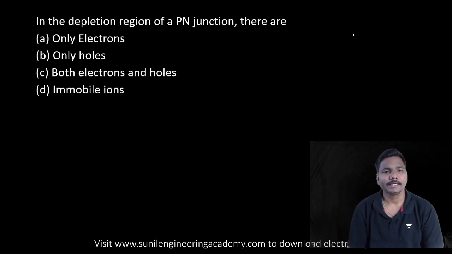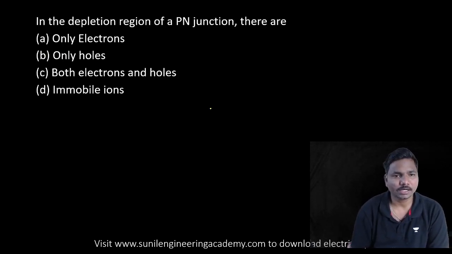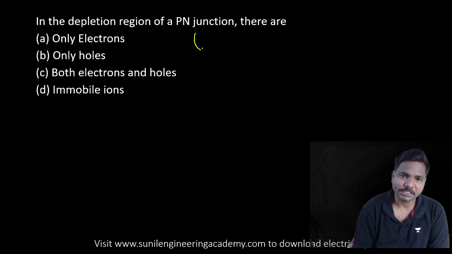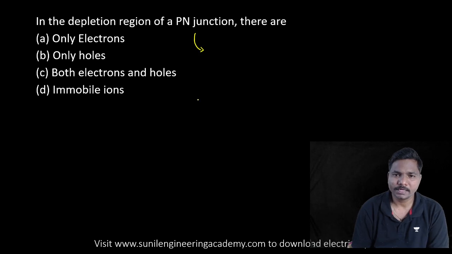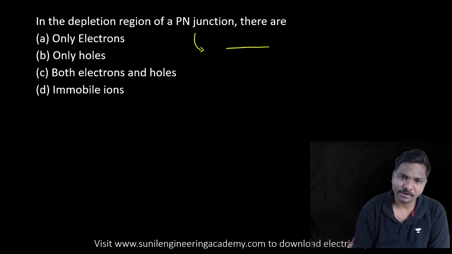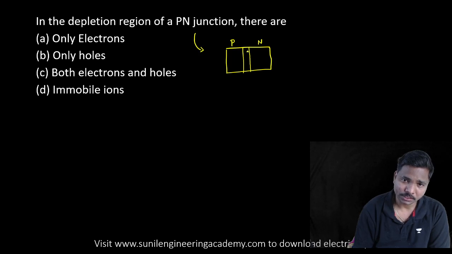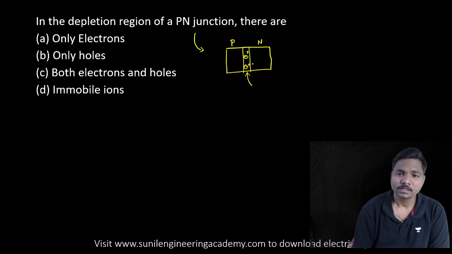Okay. The depletion region of a PN junction. What is this depletion region? Whenever the junction is formed, one side is doped with P type and one side is doped with N type. Here some of the positive charges come to one side and some of the negative charges come to the other side, so it has immobile positive and negative ions.